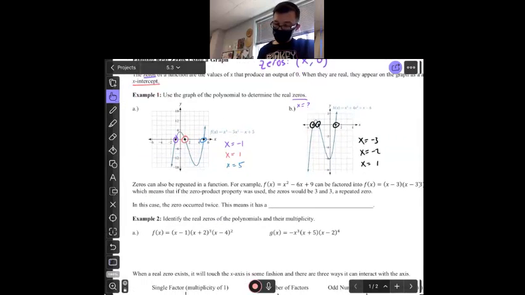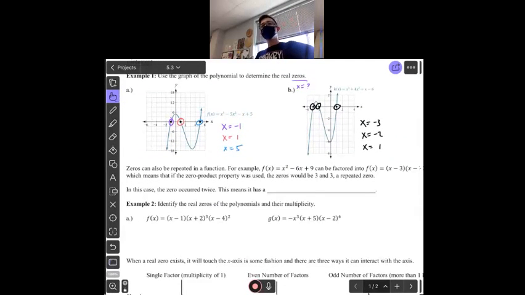So those would be the zeros on those two functions. Anything there on example 1 you guys need to go over? Okay.